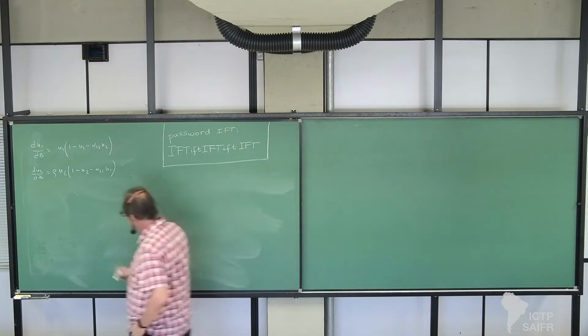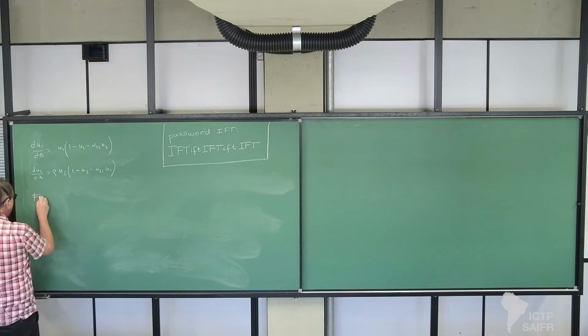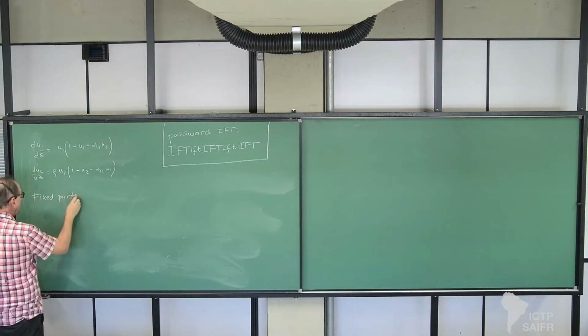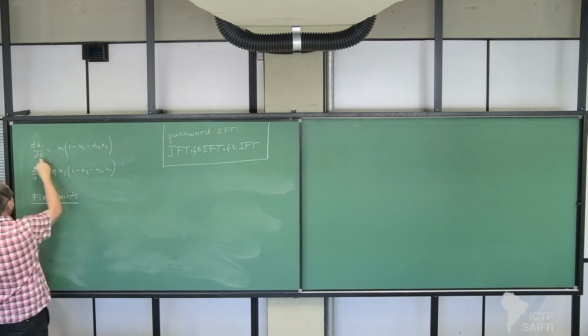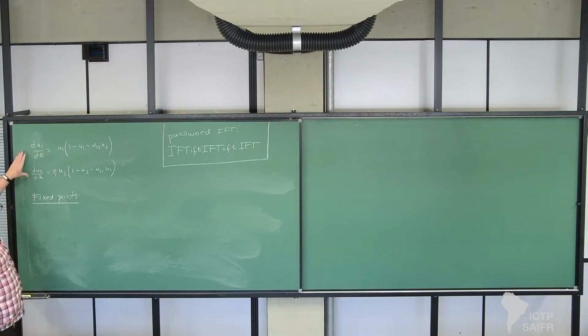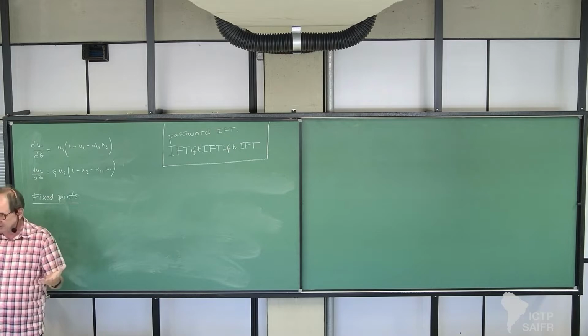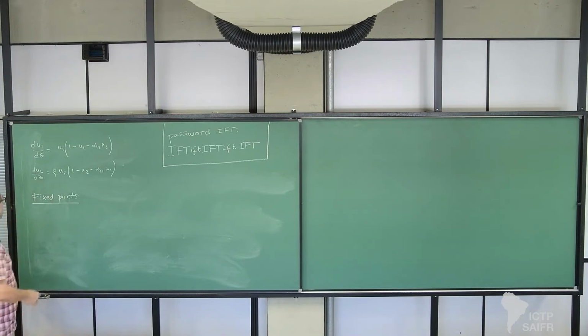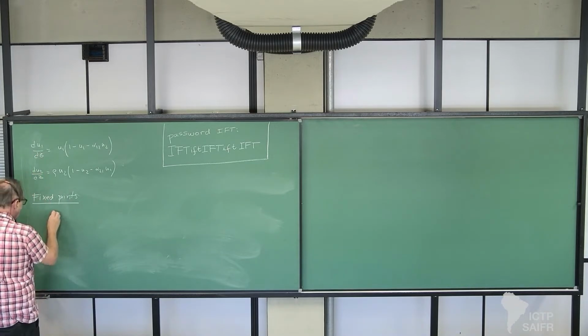Fixed points, therefore, are the population levels such that these guys are 0. The derivatives are 0 because the population is not changing. If this is 0, the fixed points have to obey this equation.